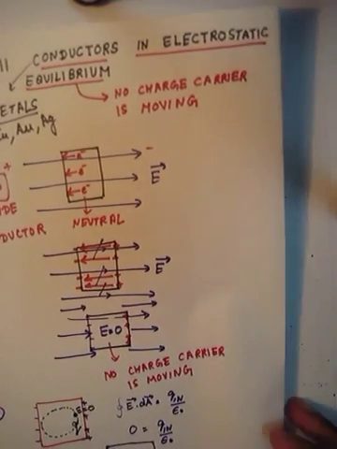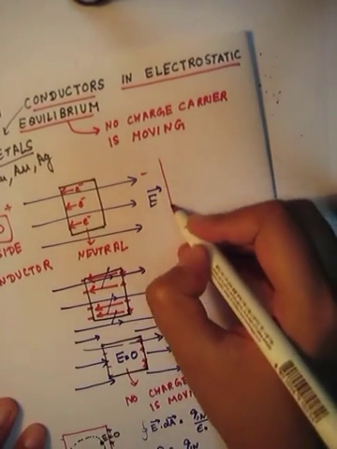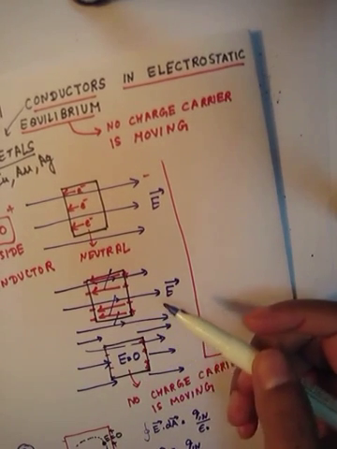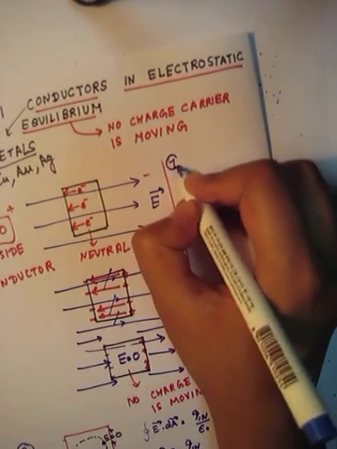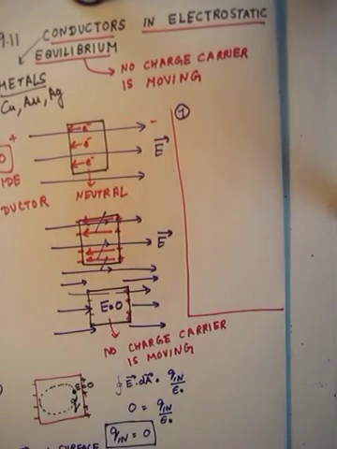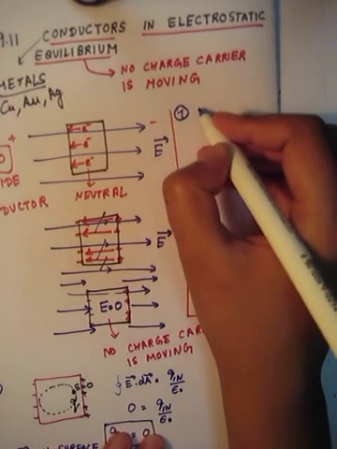And the last condition for conductors in electrostatic equilibrium concerns the radius of curvature.